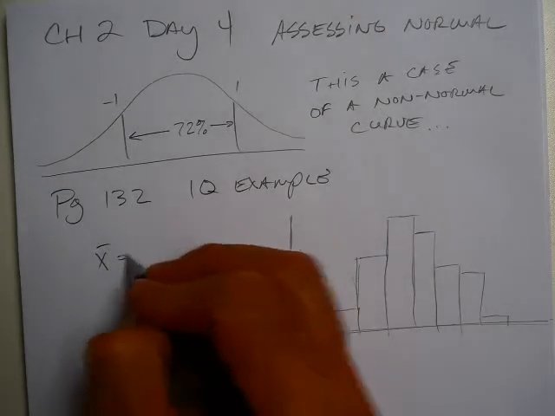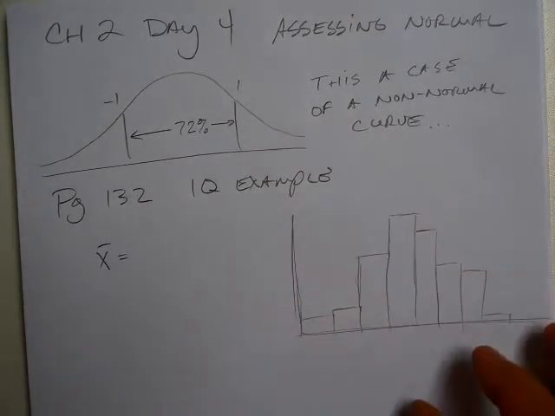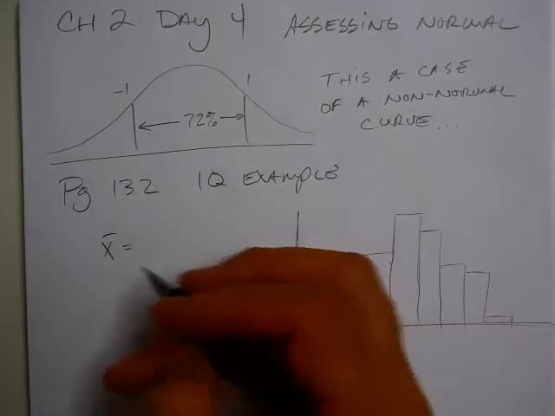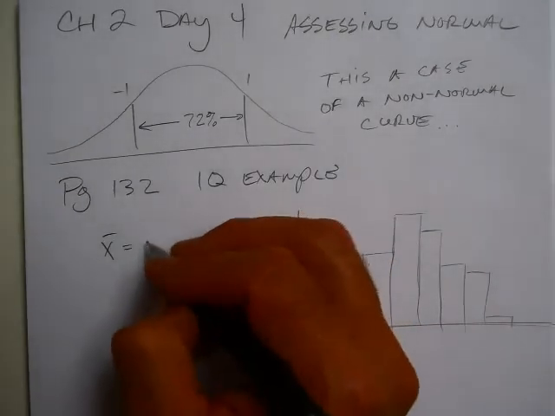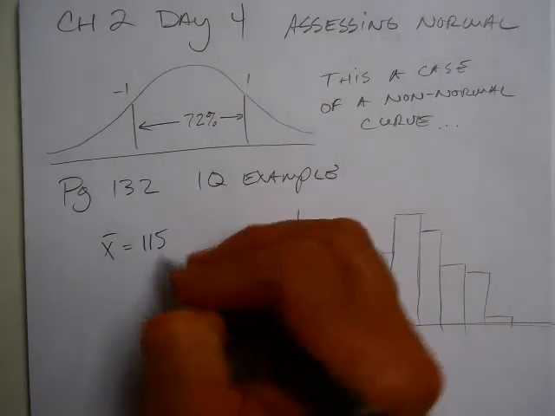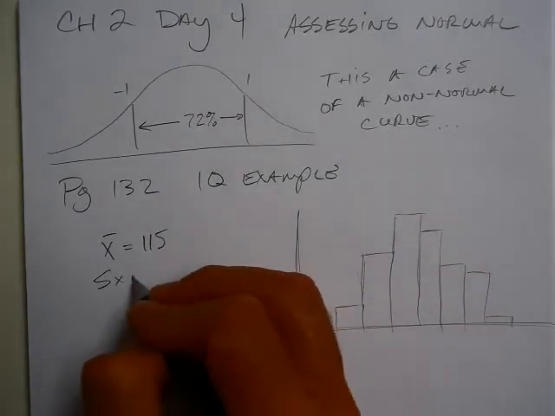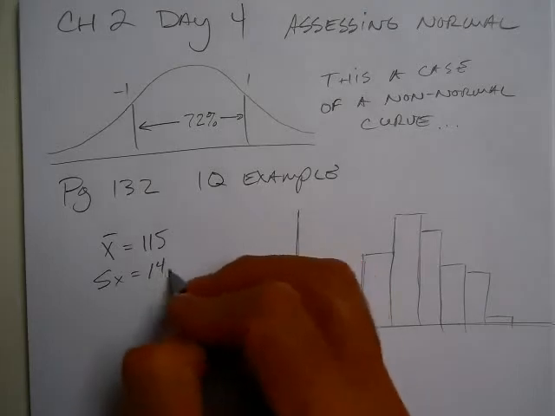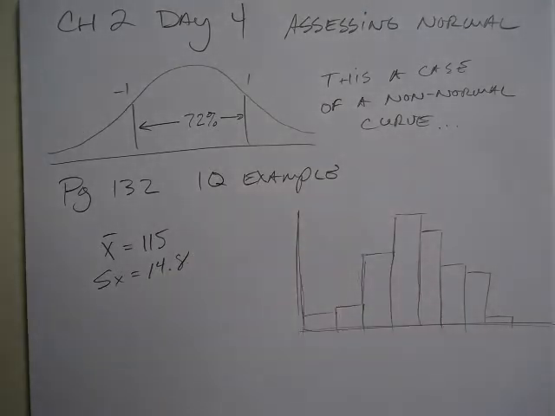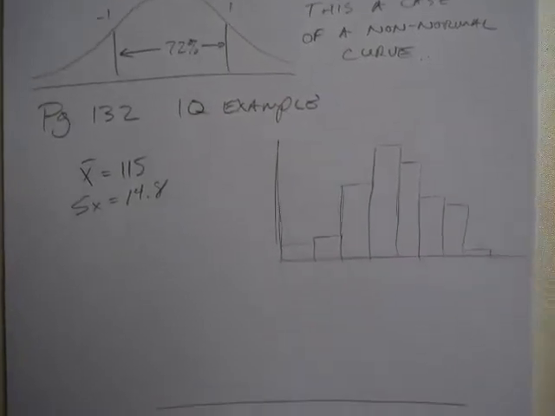X bar, the mean, I'm going to round a little bit, I'm going to call that 115. Standard deviation, about 14.8. Now I want to apply this to a normal curve.